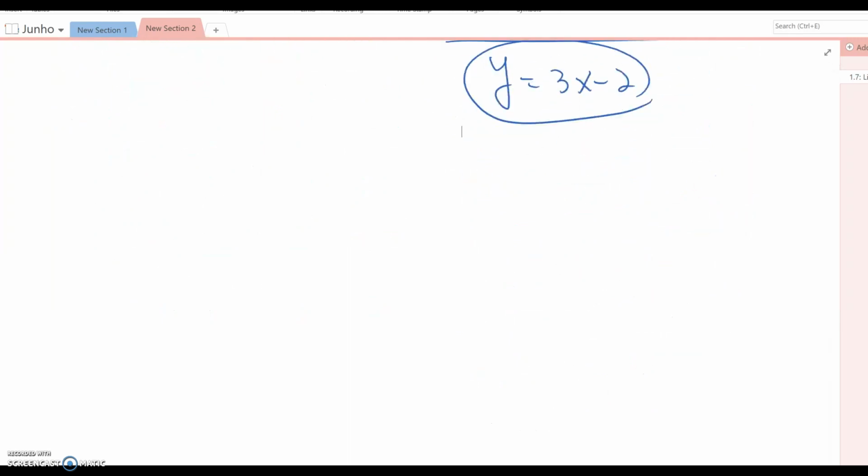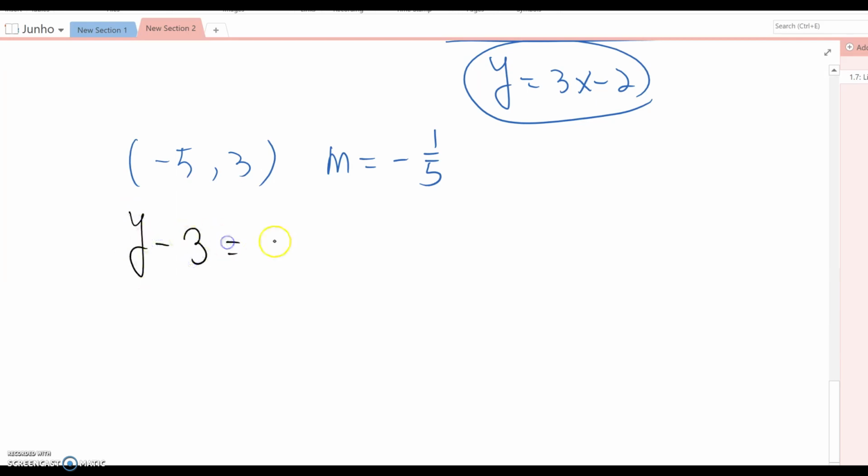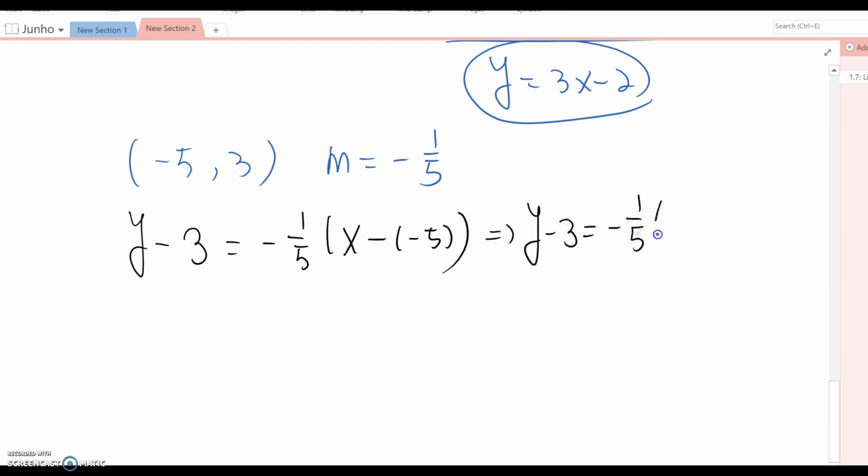Let's do one more question. The given point is negative 5 comma 3 and m equal to negative 105. We know the slope and 1 point, so we can apply the point-slope formula. So y minus 3 equal to negative 105 times x minus negative 5. Then this becomes y minus 3 equals negative 105 times x plus 5.